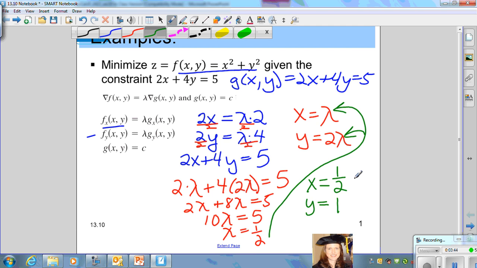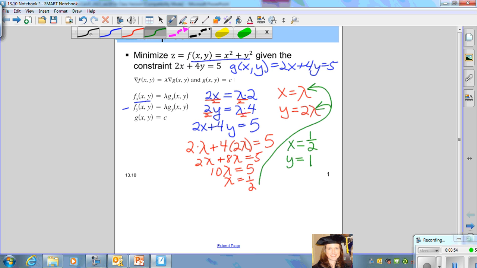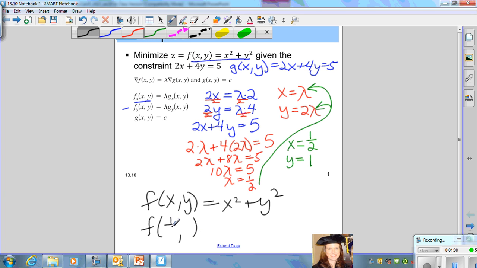Now to find the minimum value, we're going to plug this into our original f of x, y, which was x squared plus y squared. We're going to evaluate it at the point where x is 1/2 and y is equal to 1.